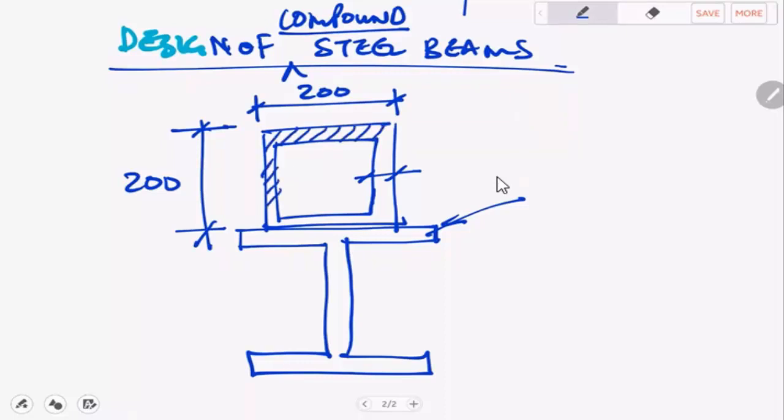with a slight difference in the sense that certain information you can readily get from the Redbook if you're given, let's say this I section is a standard section.